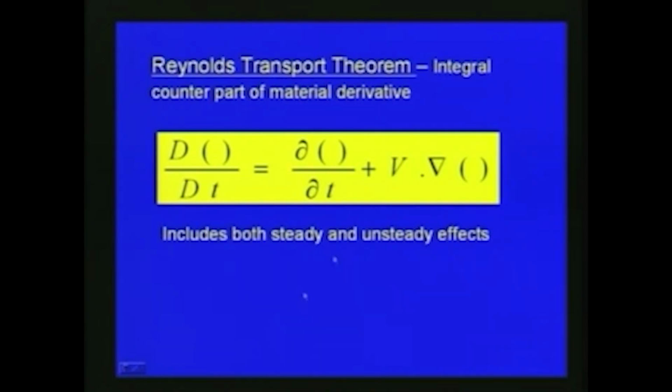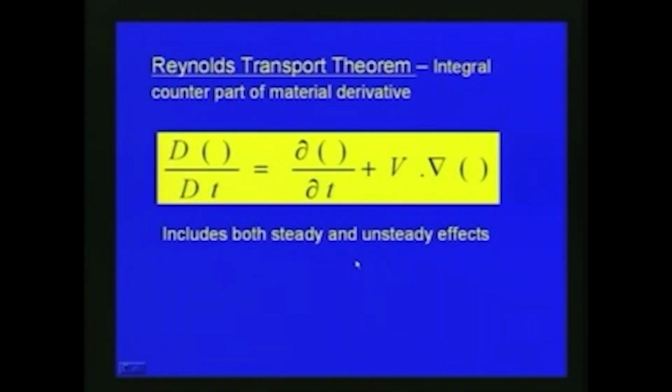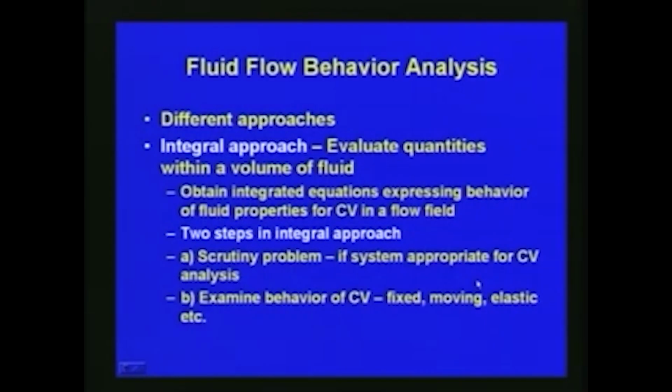This gives the Reynolds transport theorem with respect to the material derivative, where steady and unsteady conditions are described. We will be using this theorem many times in the development of the fundamental theories and its demonstration.